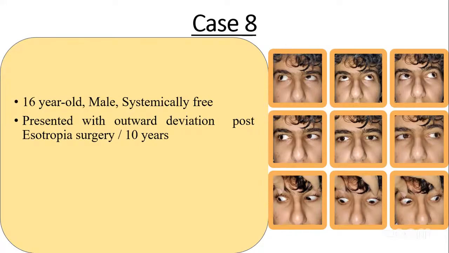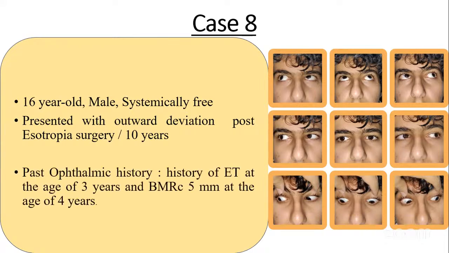So that is a consecutive exotropia. Past ophthalmic history of esotropia at the age of 3 years, bilateral medial rectus recession 5 mm at the age of 4 years. You can see here the patient is having right exotropia with mild limitation of adduction in both eyes.